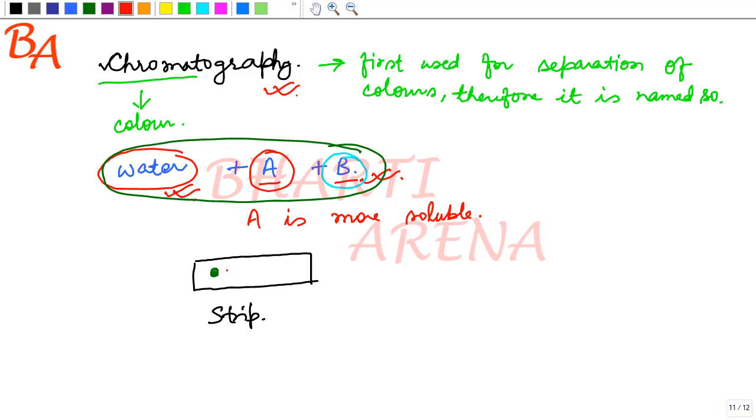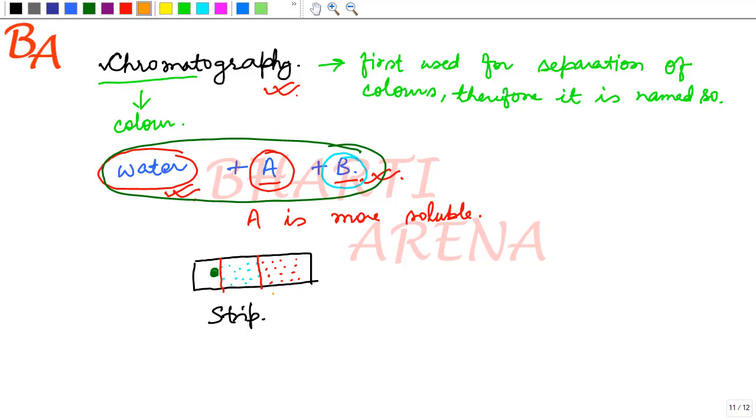then these two will start moving with water. But we see that since B is less soluble, its extent of diffusion will be less than that of A. A will diffuse farther.